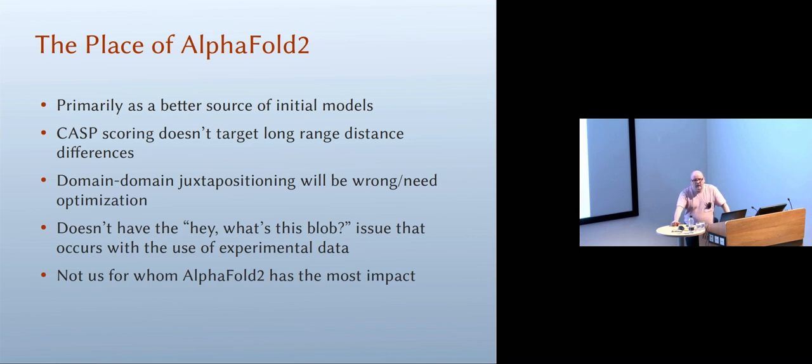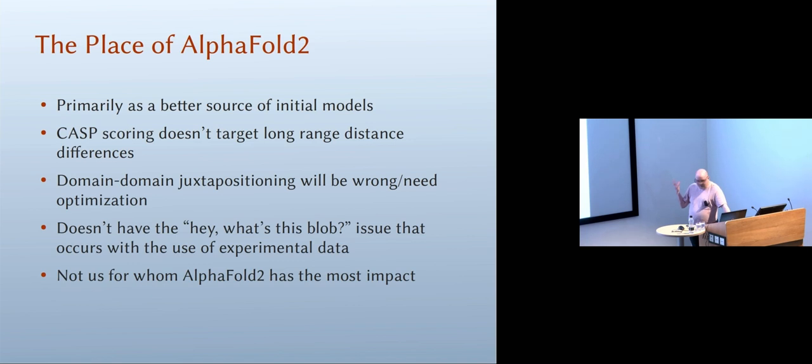One of the things AlphaFold 2 did well at is obviously CASP, the Critical Assessment of Structure Prediction, but that scoring system doesn't target long-range distances, and that was not a target of the people who devised AlphaFold 2. So that's not something they're going to get right when we place their models in our reconstructions, which is to say the domain-domain juxtaposition and positioning will need to be adjusted, let's say.